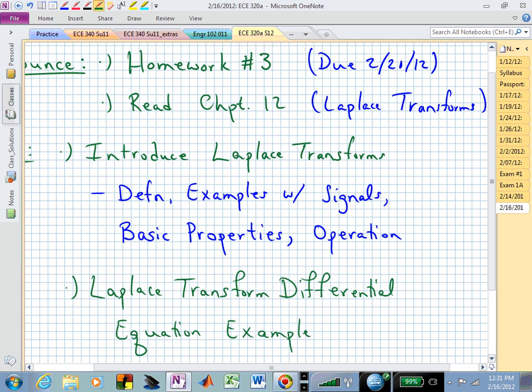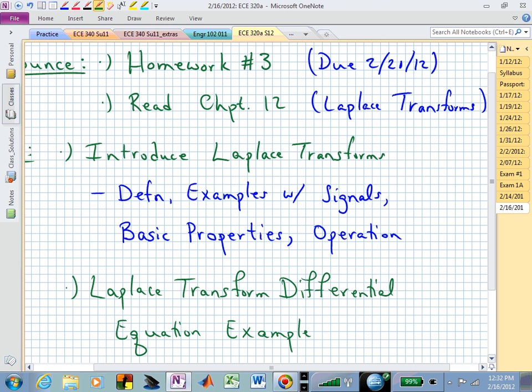And that then allows you to do a lot with linear time invariant systems in the context of the Laplace transform. We will look at what a particular operation does in the context of a Laplace transform. What happens if you apply a derivative in the time domain? What does that look like in the Laplace transform domain?